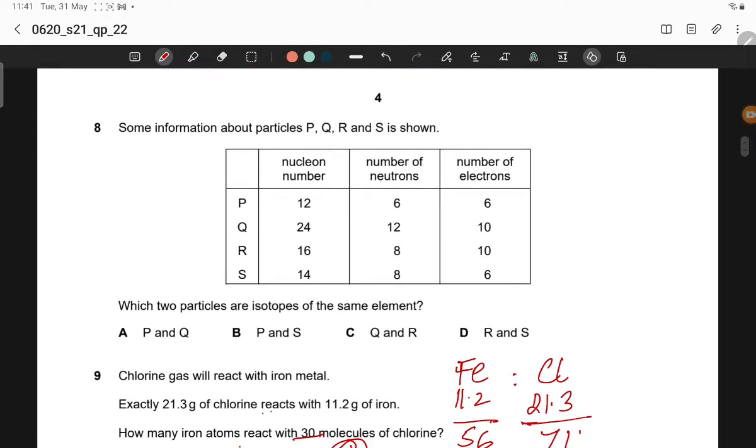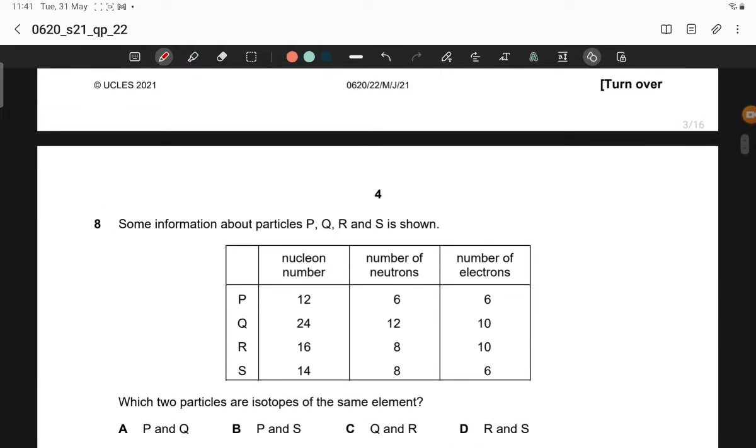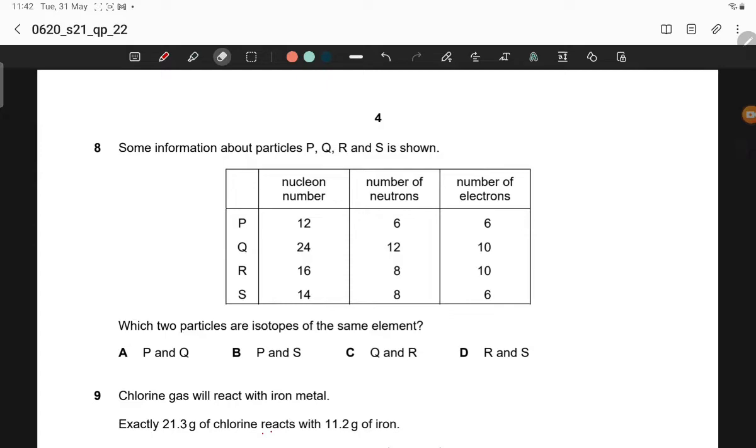Question number 8. Some information about particles P, Q, R, S is shown. Which two particles are isotopes of the same element?